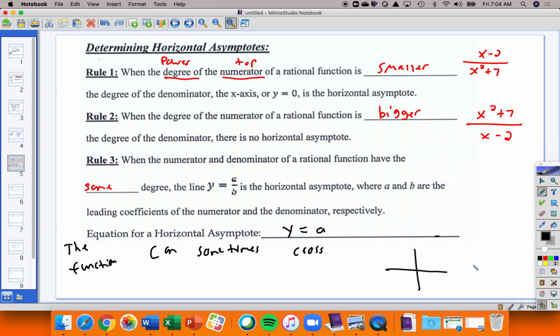So here we go. I'll draw a horizontal asymptote here. Sometimes you'll have a function that does this. Alright? I'll put it in blue. It'll start here. It'll cross the horizontal asymptote, and then it will approach it from this side. Okay? That's okay. There are times when a horizontal asymptote can be crossed, and there are times when it can't be crossed. And we'll look into that in more examples. So don't be freaked out if you see a graph that crosses a horizontal asymptote. It's okay.